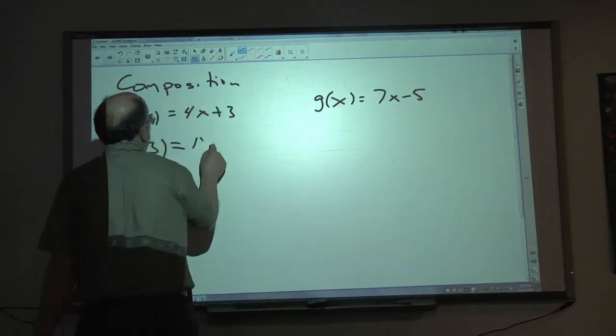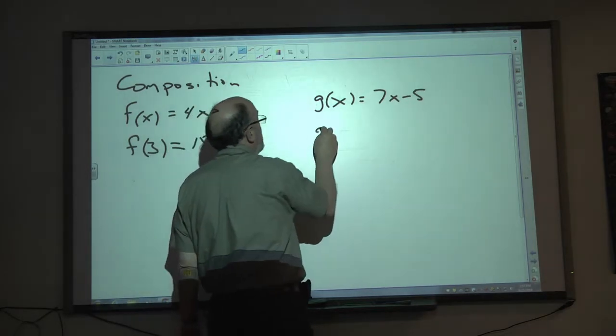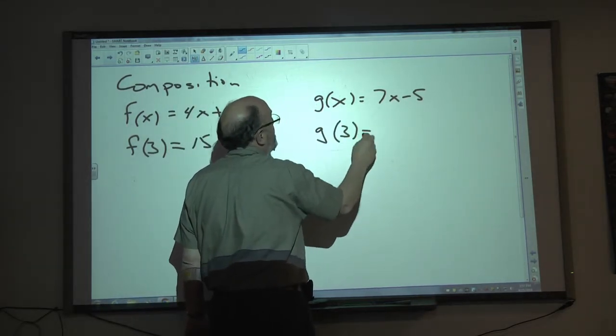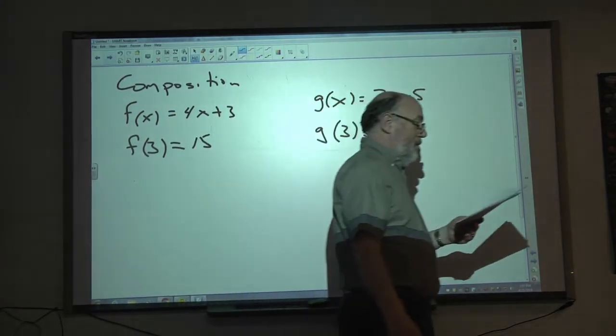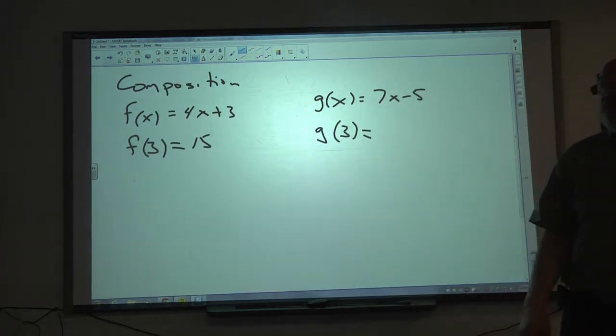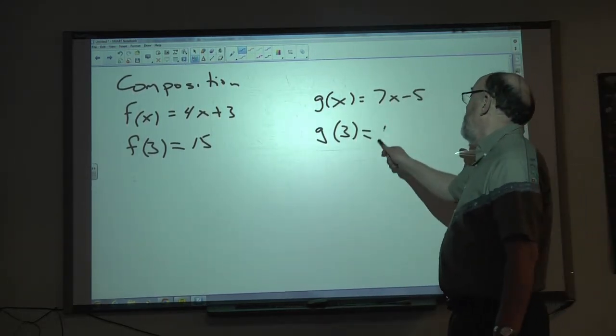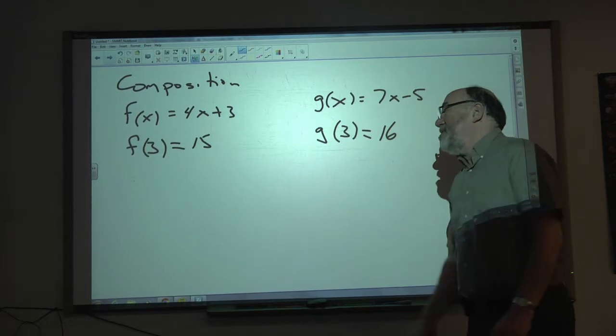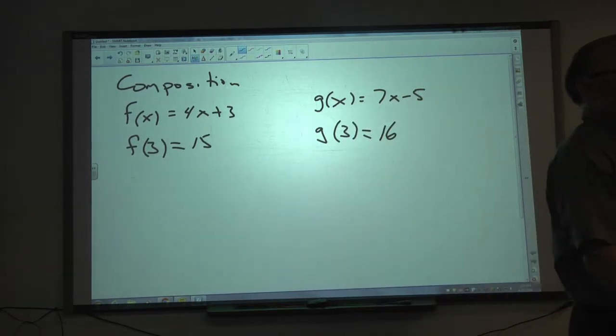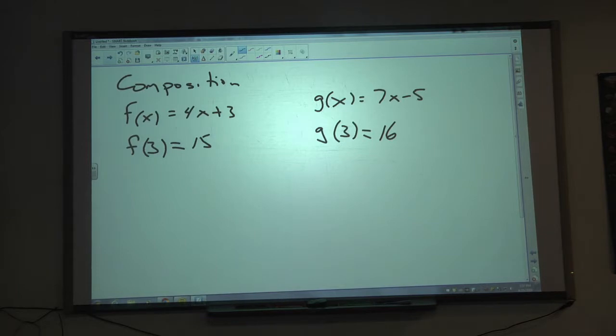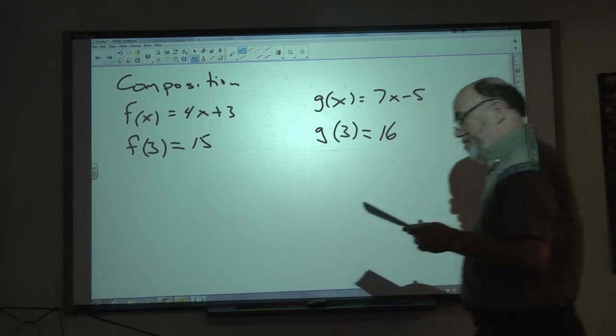And what is g of 3? We get 16. That's all that says: given f of x, everywhere you see the x, plug in the 3, and see what you get.